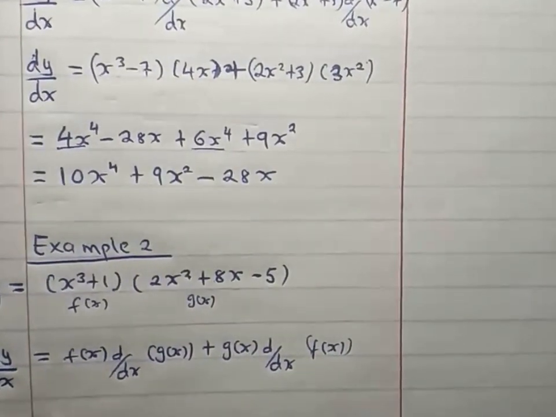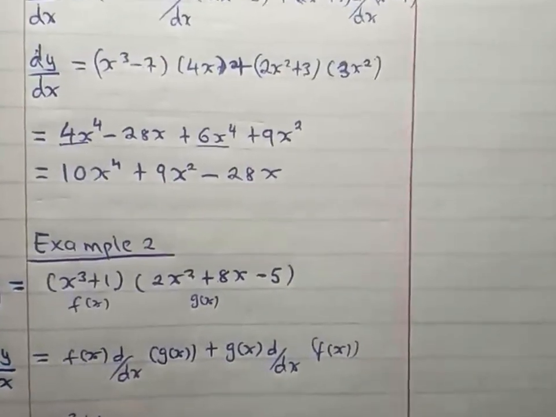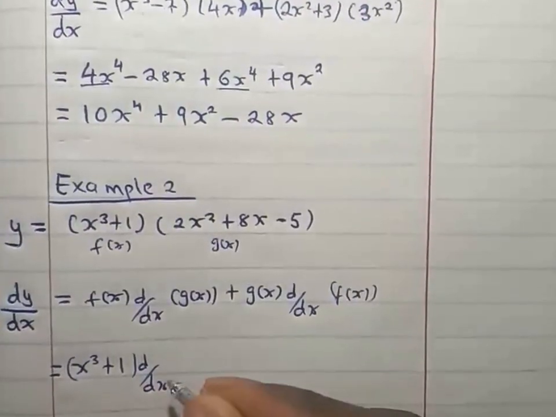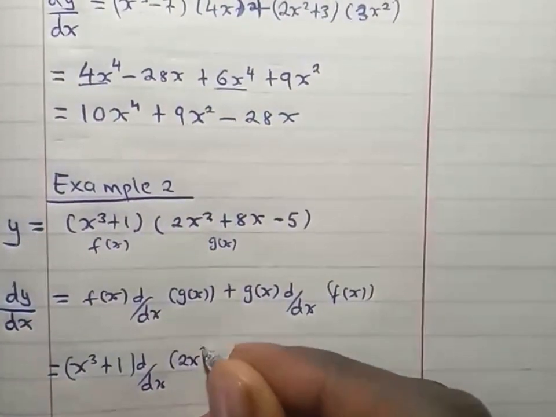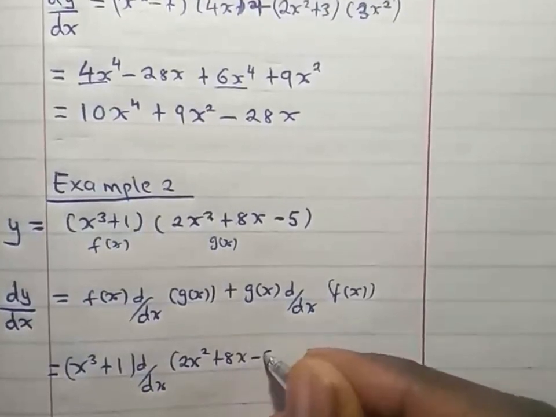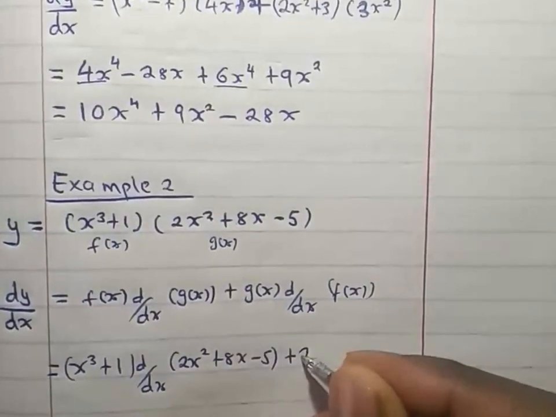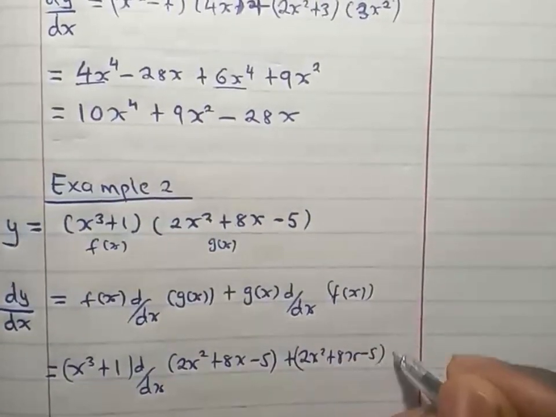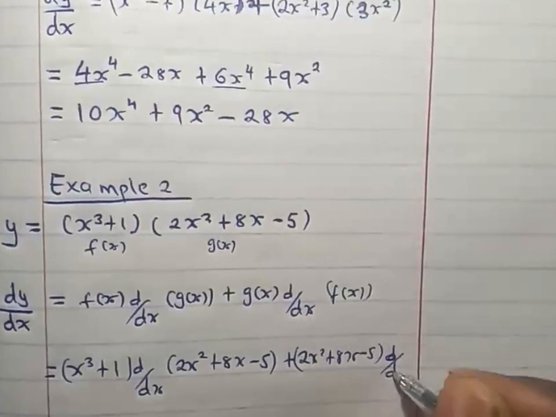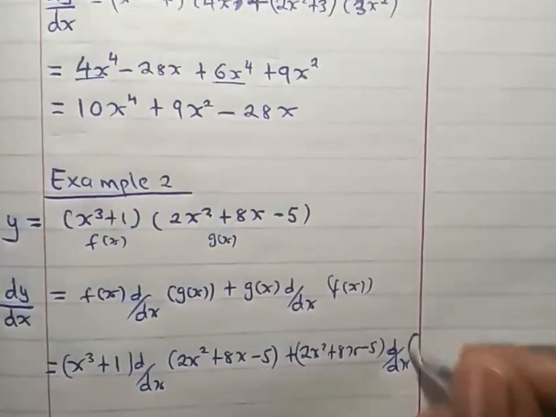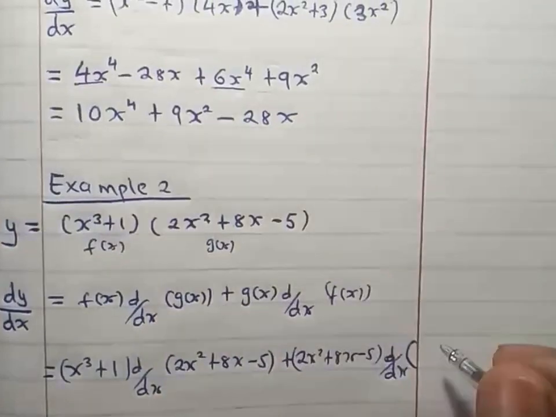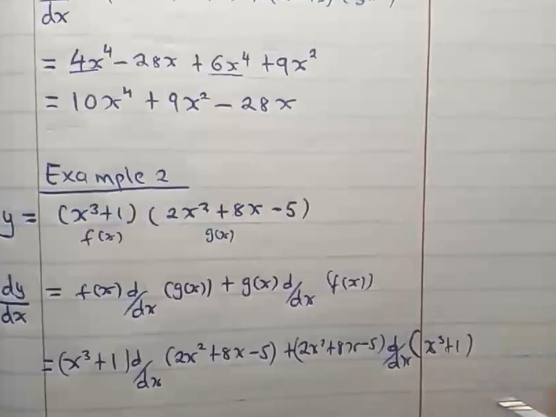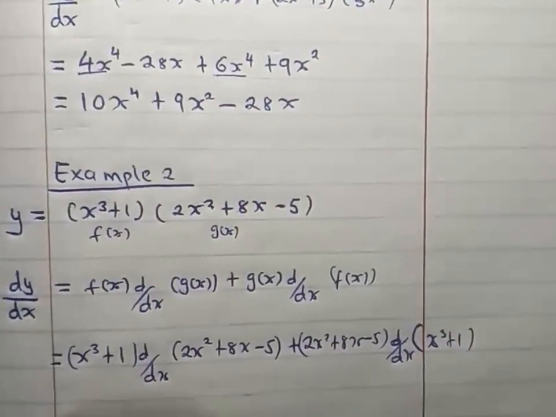This one is equal to: my f of x is x cubed plus 1, times d/dx of g of x, which is 2x squared plus 8x minus 5, plus 2x squared plus 8x minus 5 times d/dx of f of x, which is x cubed plus 1.